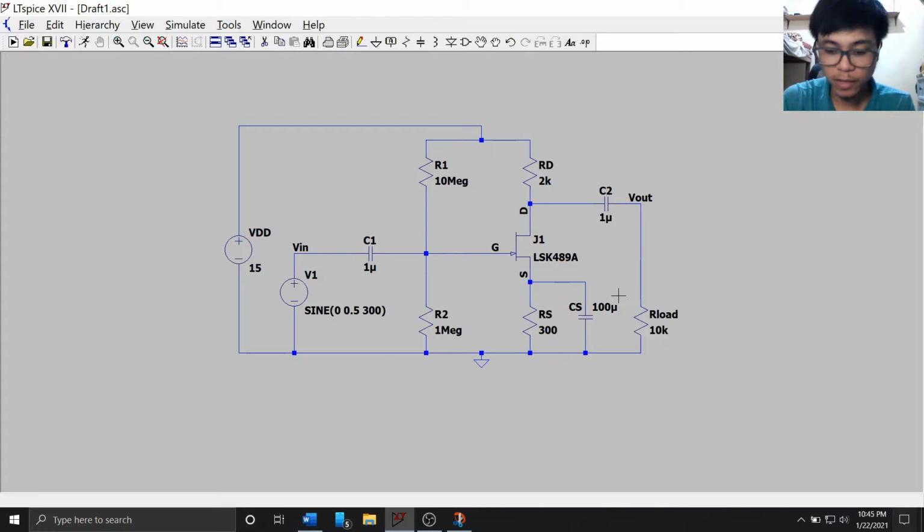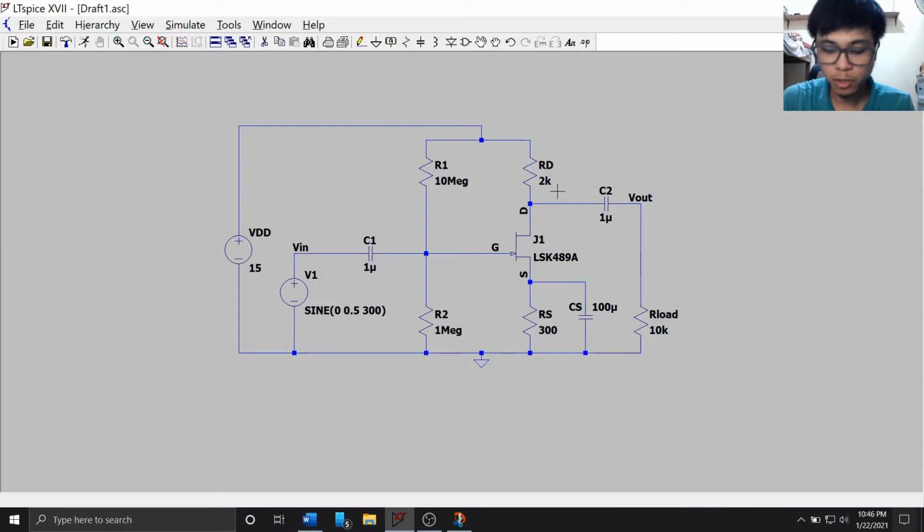Whenever we do not apply any input signal, the operating current ID will flow through the transistor because of the voltage divider biasing. We apply signal to the gate, so this gate to source voltage is always reverse biased because of the voltage divider biasing.